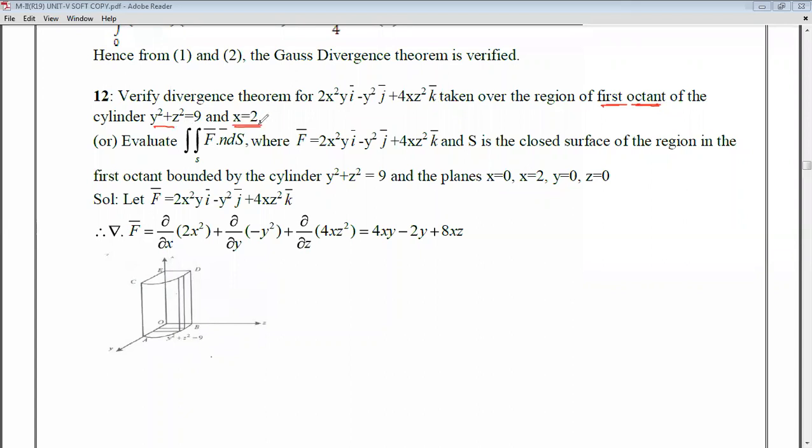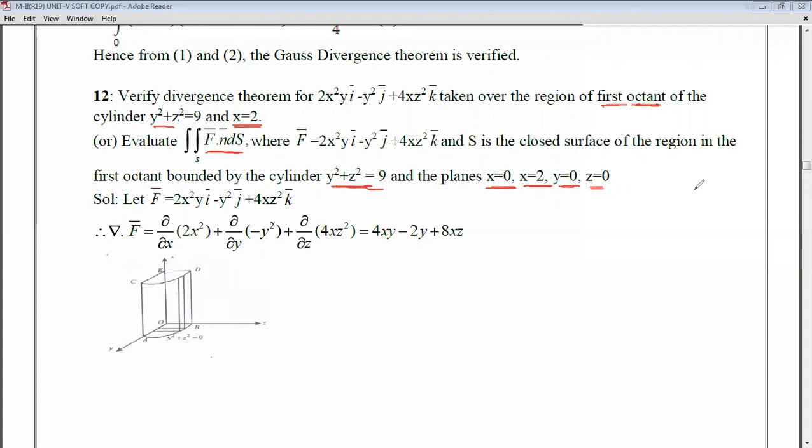Or in the same question they may ask just one part: evaluate the integral of f bar dot n bar ds, where f bar is equal to this and S is the closed surface of the region in the first octant bounded by the cylinder and the planes x is equal to 0, y is equal to 0, z is equal to 0, x is equal to 2. It means whatever we are discussing in all the verification problems, they may also ask just half of it. Okay, so this is the one.